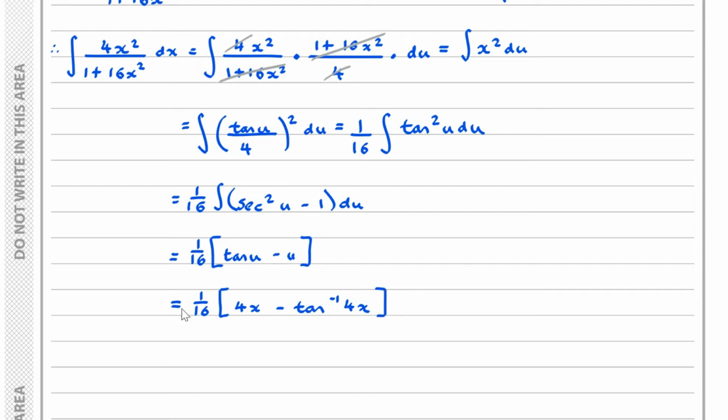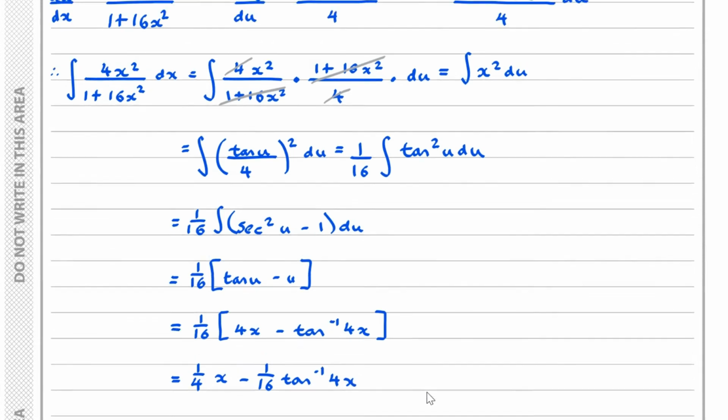And if you want, you can multiply through by the 1 over 16. So 4 times by 1 over 16, that's 1 quarter. So we've got 1 quarter x minus 1 over 16 times by the inverse tangent of 4x.